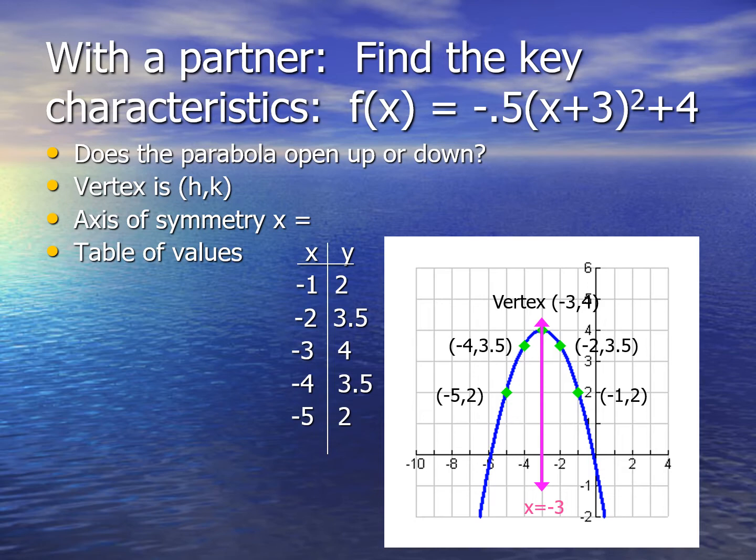So as you can see here, if it is plus, then the coordinate of the vertex will be negative, as well as the value for your axis of symmetry. So x equals negative 3 and the vertex (negative 3, 4).